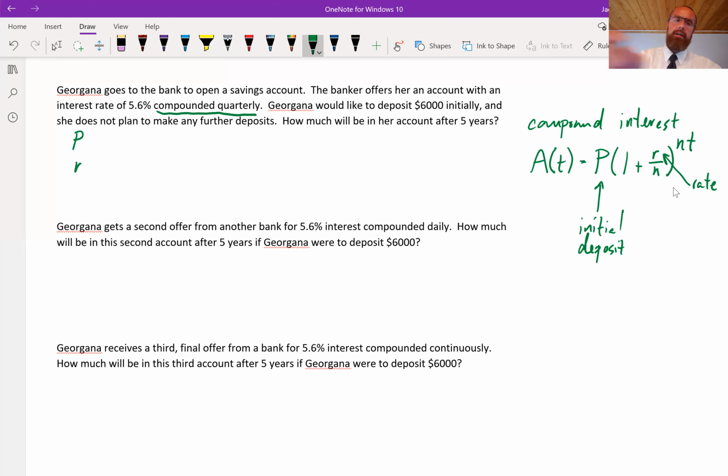We also need to find this value of n, and that's showing up in two spots. n shows up in the base and also in the exponent, and it is the number of times interest is compounded in 1 year.